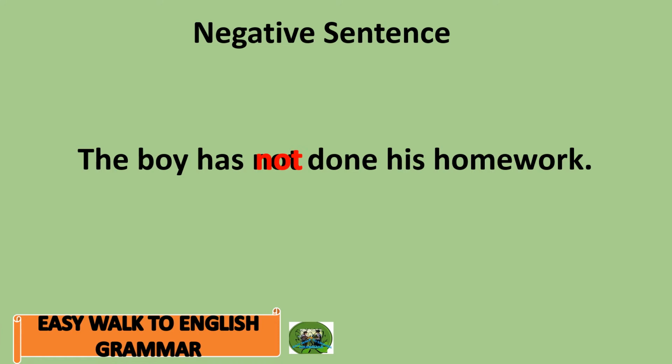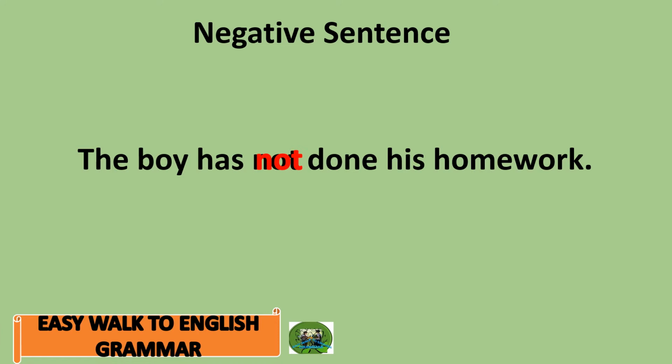What we want to understand from this sentence is where we place this negative adverb not, or where we place these negative adverbs in the sentence where we use have and its forms. Here in this sentence we have used has, which is the present tense singular form of have. And where do we place not, the adverb that shows negation?